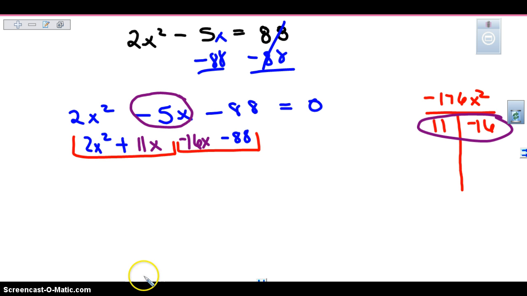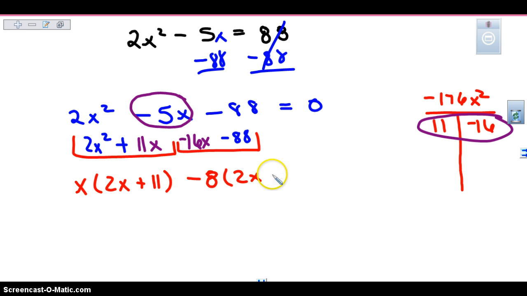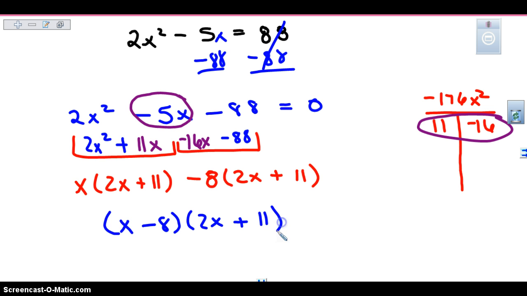What can we factor out? We can factor out an x. We're left with 2x plus 11. And we can factor out a negative 8, and we're left with 2x plus 11. Means our factors are x minus 8 and 2x plus 11.